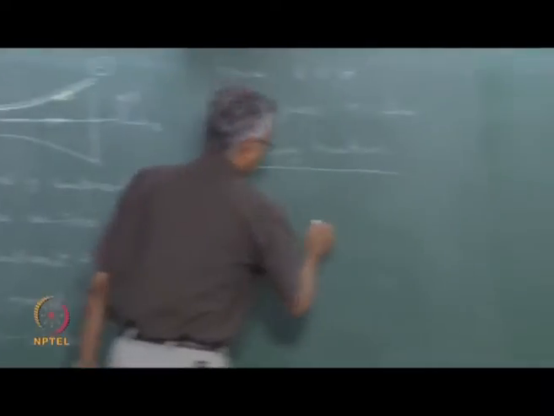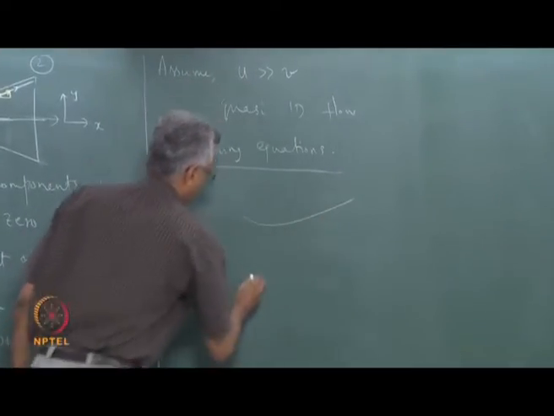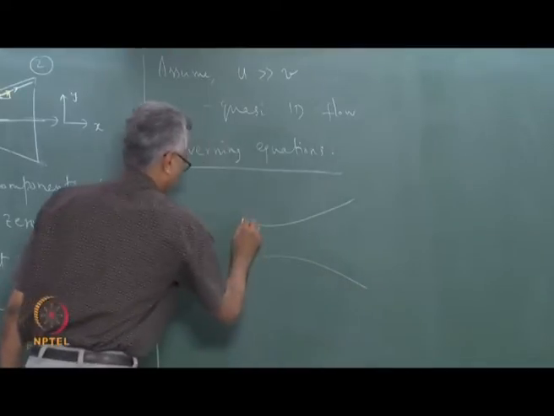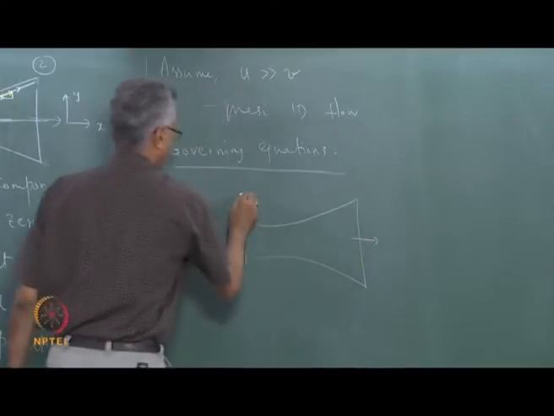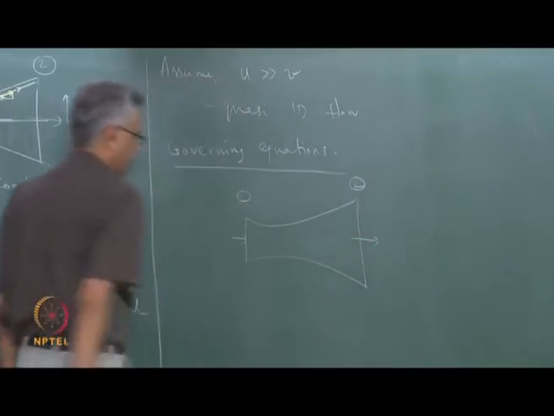So, if I look at a varying area passage, just like what I did before, let us say that I look at a passage like this. Let us call this state 1, let us call this exit state 2.